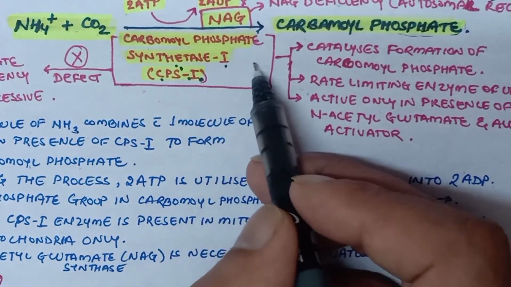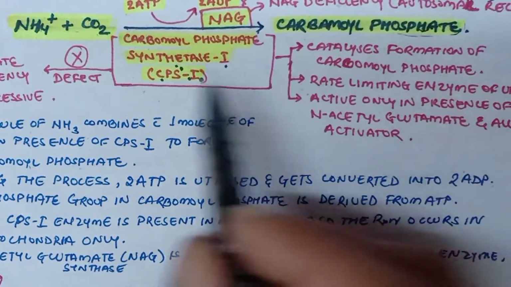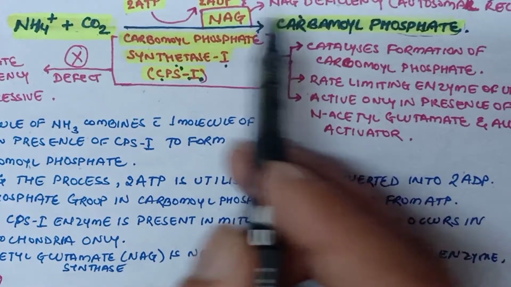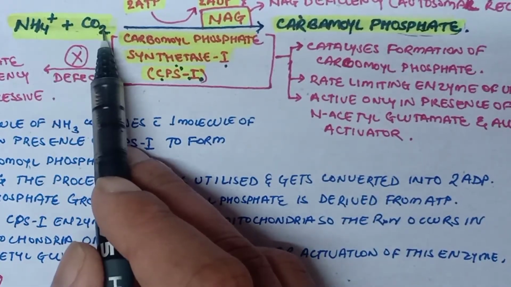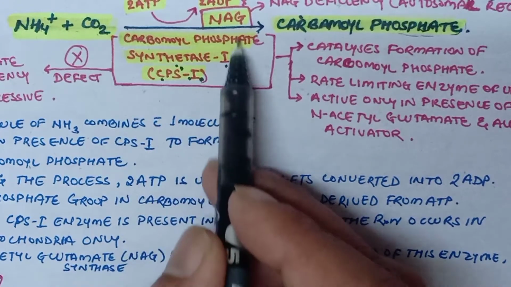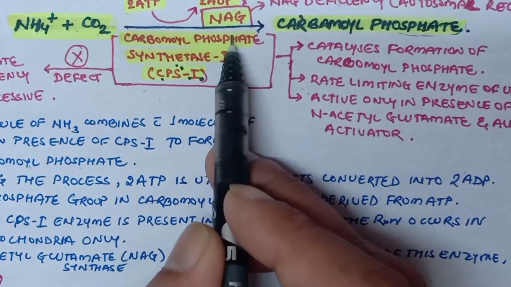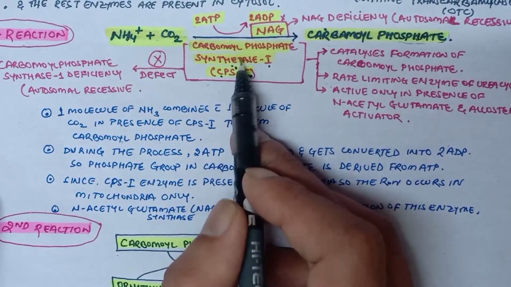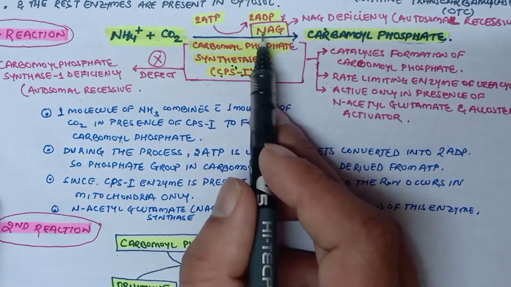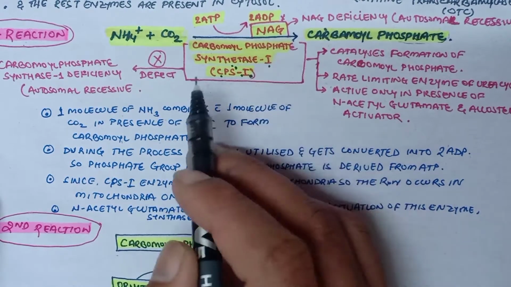This enzyme catalyzes the formation of carbamoyl phosphate from ammonia and carbon dioxide. This is a rate limiting enzyme of the urea cycle, and this enzyme is active only in the presence of N-acetyl glutamate, an allosteric activator.